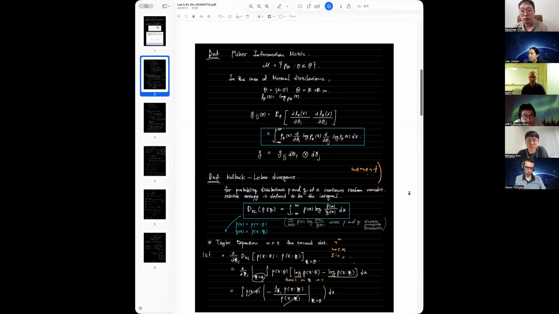Even though it is not a distance, it is super important, and it should be justified mathematically in each different context. What Hajin justified today is the Taylor expansion. After all, what we got is the Fisher information metric.